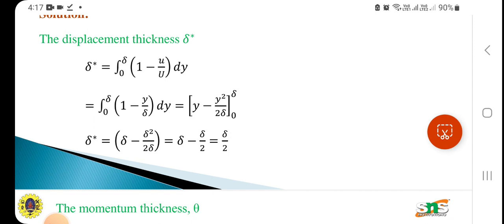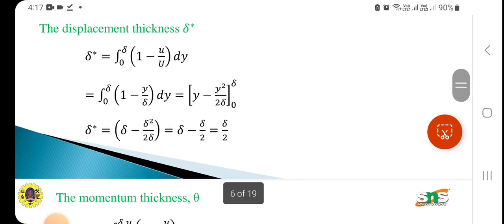When you integrate with respect to y, it becomes y minus y square by 2 del, from 0 to del. As we know, the integration of x power n is x power n plus 1 by n plus 1.